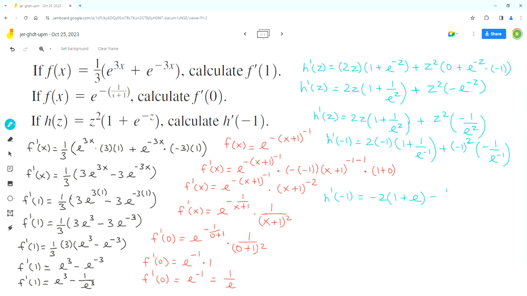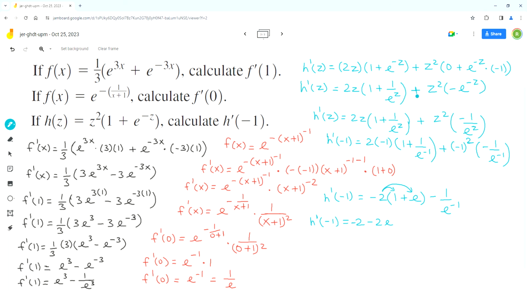So -1 over e exponent -1. Now in the first part, we can distribute the -2 in the parentheses. So we get h prime of -1 equals -2 minus 2e.